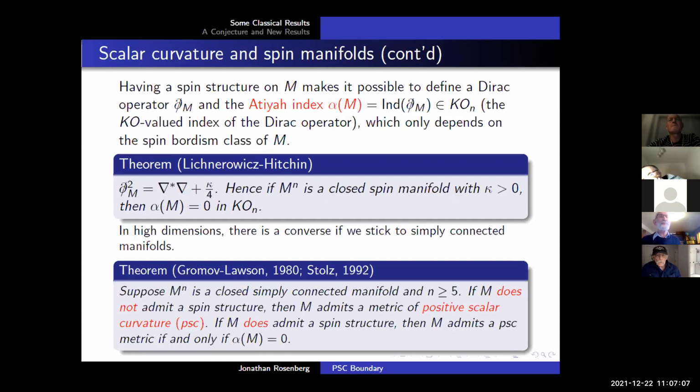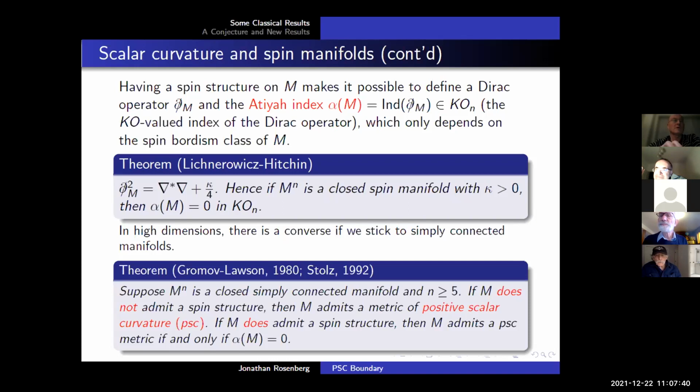That's an interesting topic, but it's not related to what's in this talk. I mean, Botvinnik and I have actually studied this, and there's a kind of theory of twisted positive scalar curvature on spin C manifolds, but that's a whole different story. It would go too far afield to explain how that works.